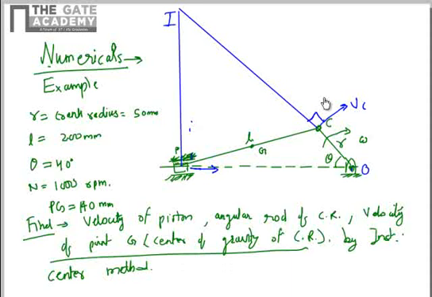Then from C, the length CP, that is L, is equal to 200 mm. So from C, using compass, you cut the horizontal line, you get the point P, and then you draw a perpendicular line here and extend this line to get the point I.